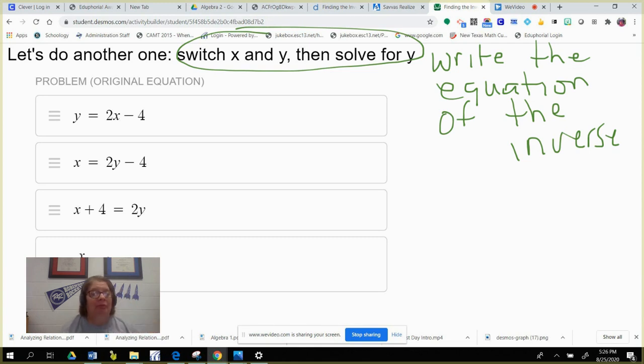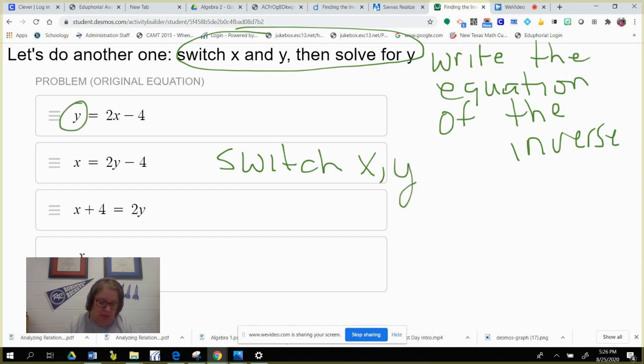Okay, y equals 2x minus 4. That's our equation. Or it might be written f of x equals 2x minus 4. Right? It doesn't matter. Switch to x and y. Notice this y became an x, this x became a y. Now, what's next? We have to solve for y.